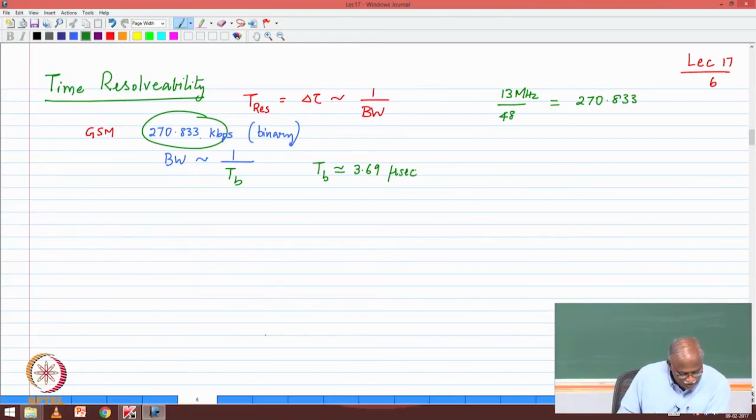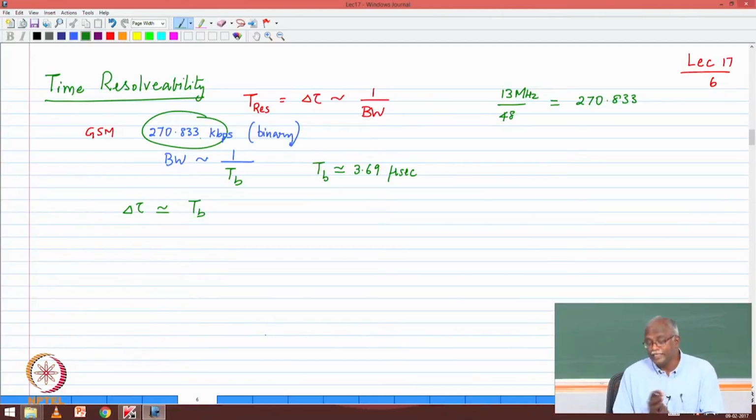According to this coarse estimate, our time resolvability, delta tau, when I'm using GSM as my system of transmission, is of the order of 1 by bandwidth, which is of the order of T_B.